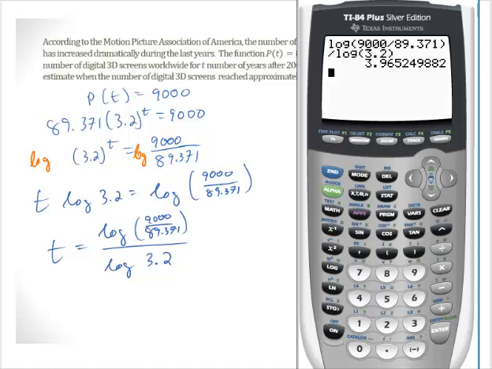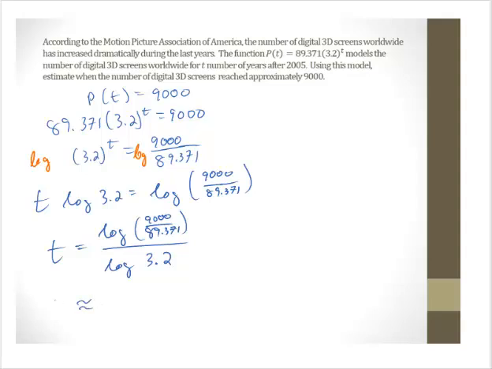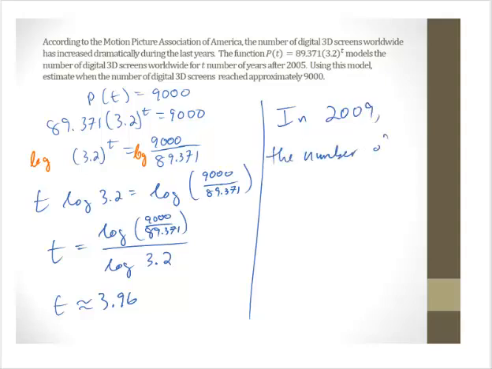So t is approximately 3.96. So that's about 4. So in 2009, the number of digital 3D screens reached 9,000.